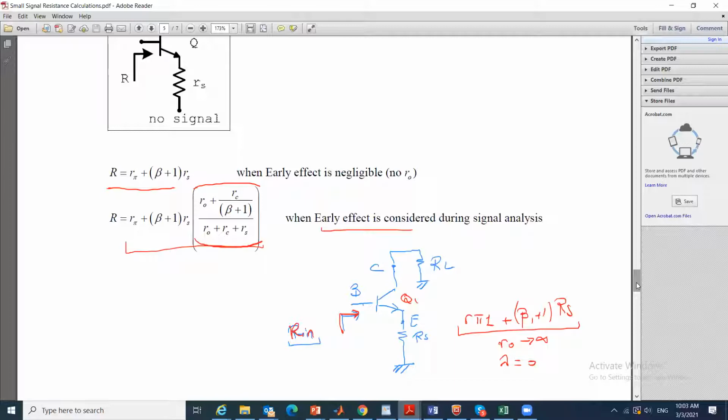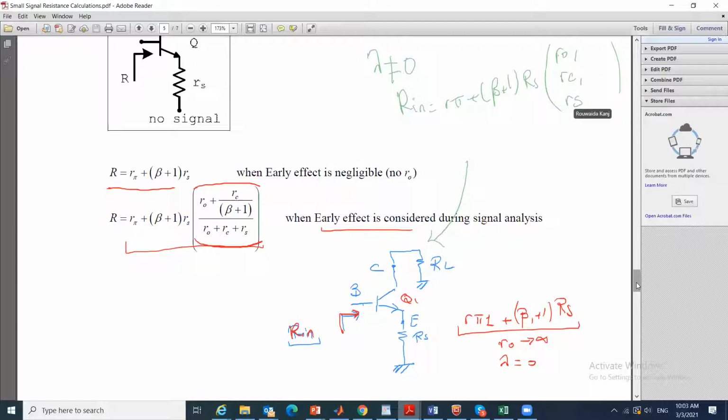So if there was, in this scenario that we show here, if there was Ro, what would be the equation? So for this same circuit that we have here, if lambda is different from 0, I will see Rn is equal to R pi plus beta plus 1 times Rs, and all of this is multiplied by some function of Ro, Rc, and Rs.